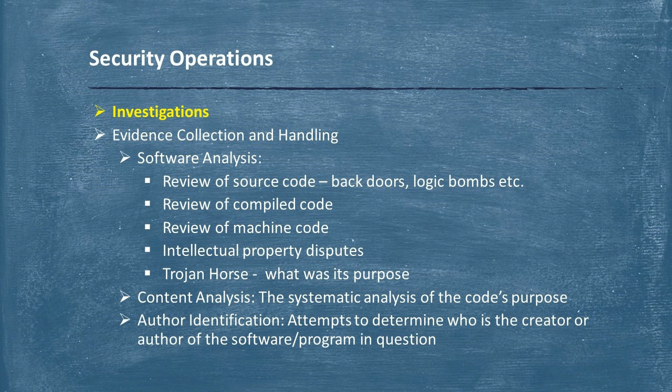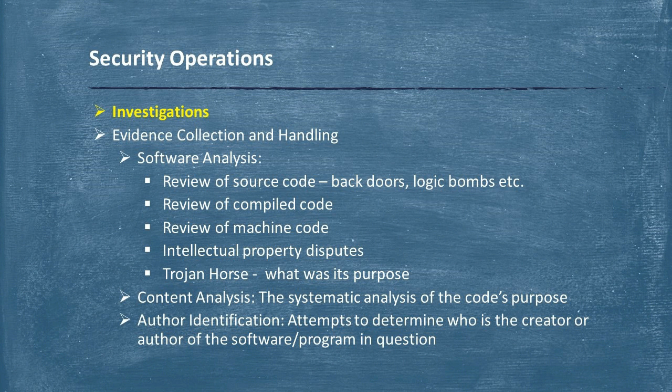He might have pre-programmed it to run at a particular point of time. Logic bomb works like that. Backdoors are a different entry to the program. So when you review the source code, you will be in a position to identify these backdoors or logic bombs present in the code. Even compiled code and machine codes are to be inspected for any suspicious items.